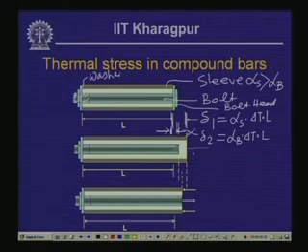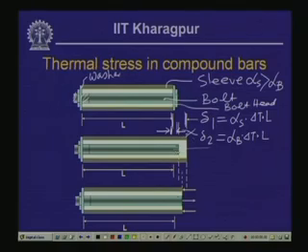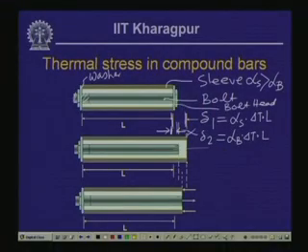Now, when they are not constrained or restricted, they are freely expanding and having deformations delta 1 and delta 2. But since the bolt head is present, it is not allowing them to move freely. As a result, there will be forces generated and thereby stresses generated. The forces in the central bolt and the outer sleeve should be such that they come to a common position.